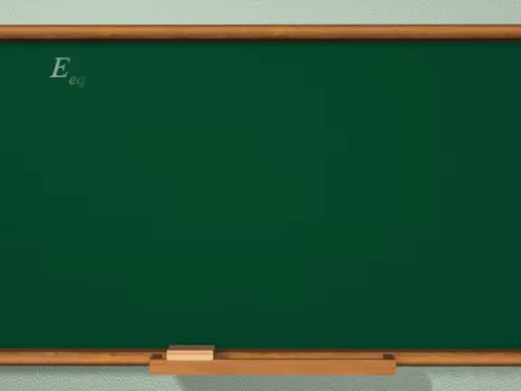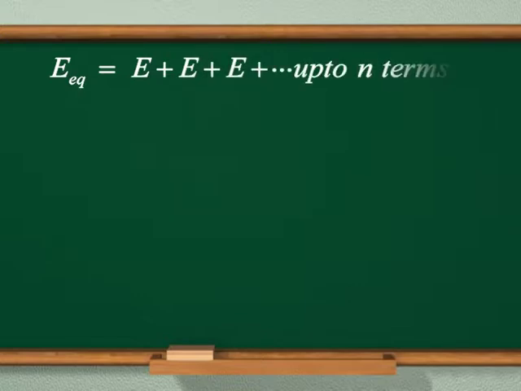EMF of n cells in series, E equivalent, is equal to E plus E plus E up to n terms, equal to n times E.